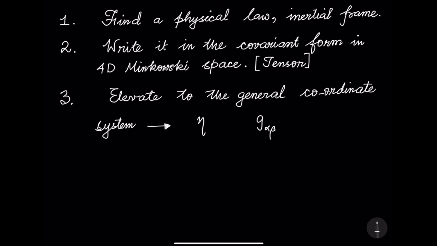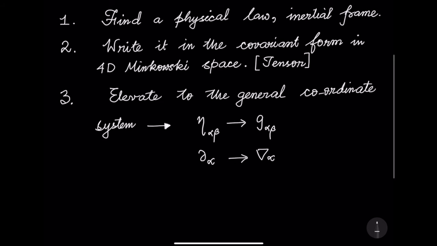So whatever was your eta alpha beta in the Minkowski space, go from there and replace those with g alpha beta. Whatever was del alpha in your Minkowski space, wherever you have seen that, replace that by gradient of alpha. Or, I mean, I should not say gradient of alpha. This is the covariant derivative essentially.